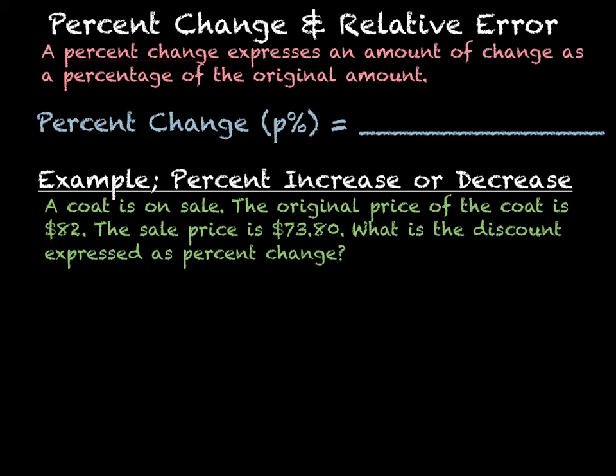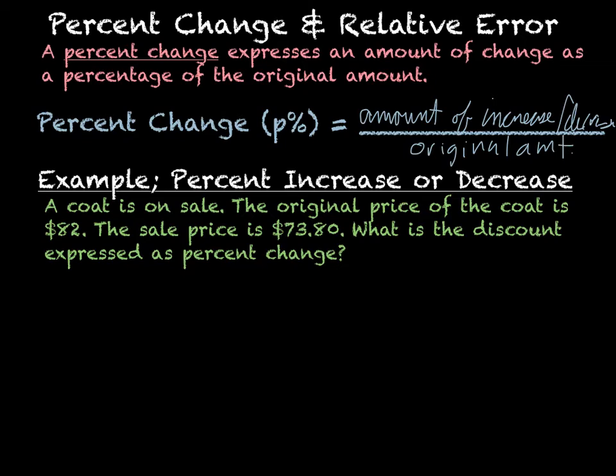It's going to be the amount of increase or decrease, and then you just divide it by the original amount. So you take whatever amount of increase or decrease and then divide it by what you started with.